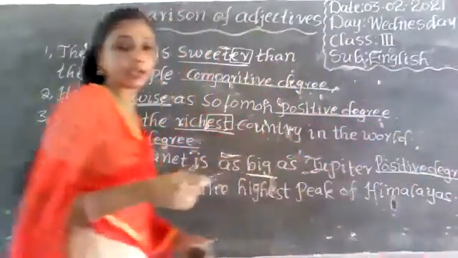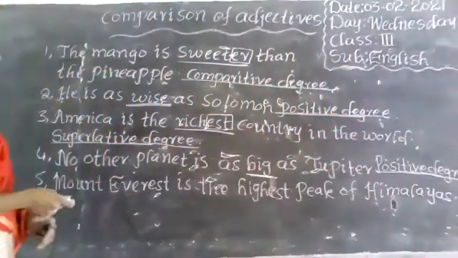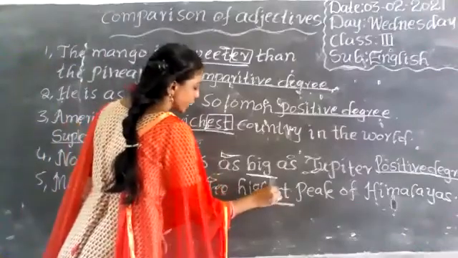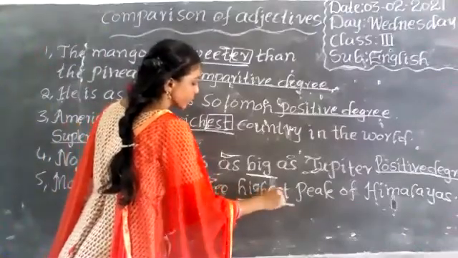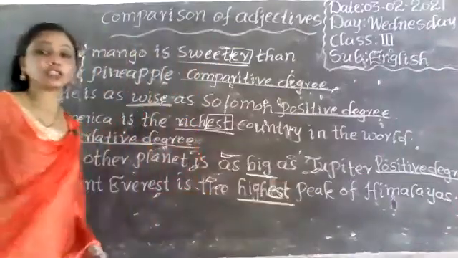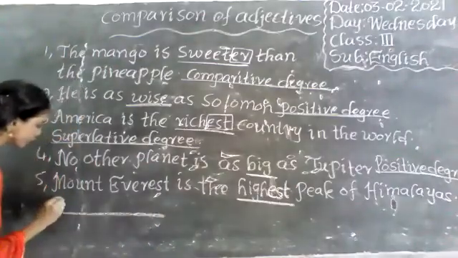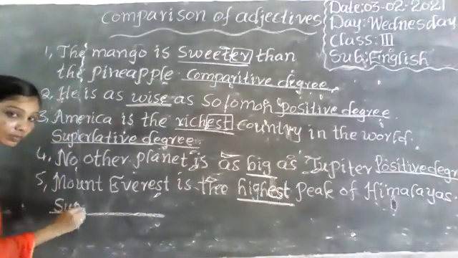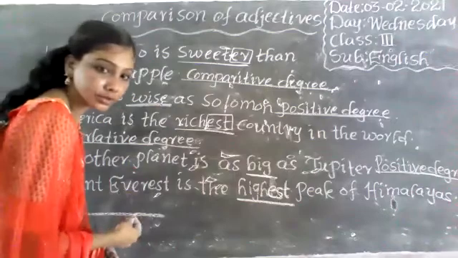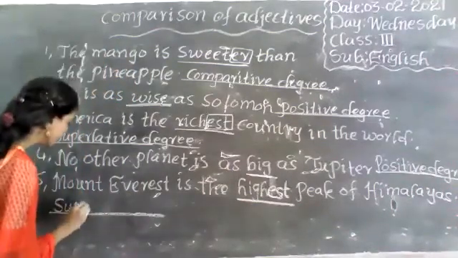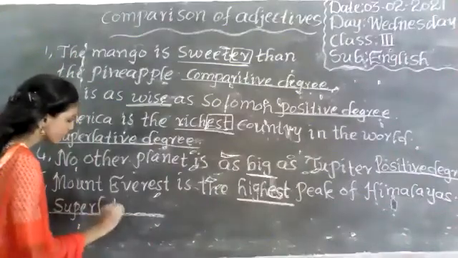Okay, look at here, highest peak of Himalayas. Here, observe the adjective highest. Highest is added with EST. EST means that is superlative degree. Okay, we should write here superlative degree. Very good, Ramyasri. It is superlative degree.